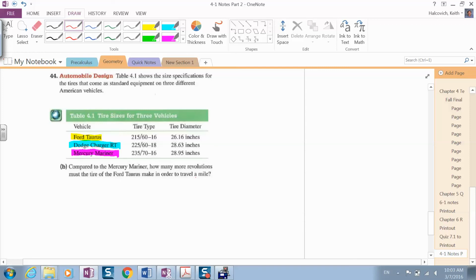Well, think of it this way. 1 mile is the same as 5,280 feet, and remember, there's 12 inches in a foot.